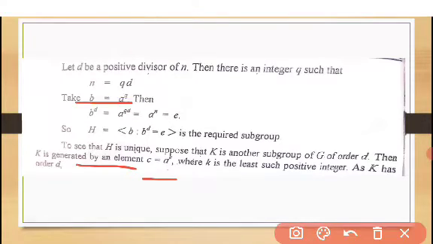B was equal to A raised to power q, and C is equal to A raised to power k, where k is the least such positive integer as K has order D. Let's see next.